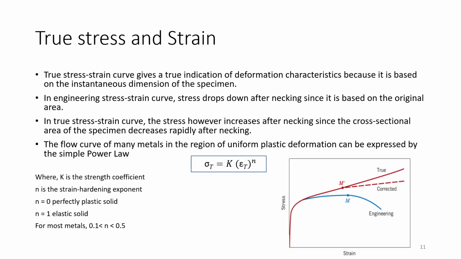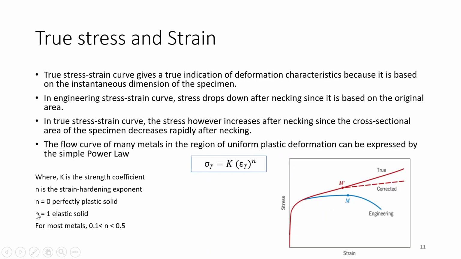The flow curve of many metals in the region of uniform plastic deformation can be expressed by a simple power law: sigma T equals K times epsilon T to the power N. Here sigma T is the true stress, epsilon T is the true strain, K is the strength coefficient, and N is the strain hardening exponent.